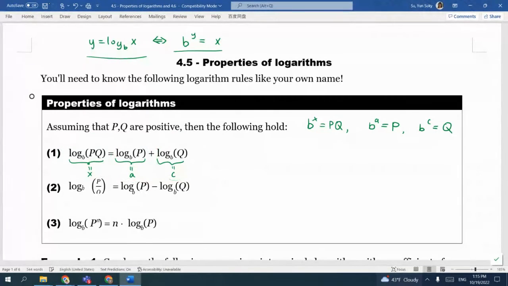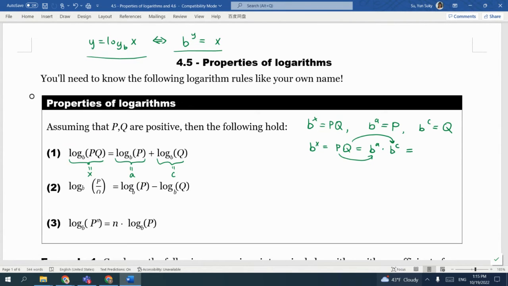Very good. Now you can see b to the x is p times q, but p is b to the a and q is b to the c.